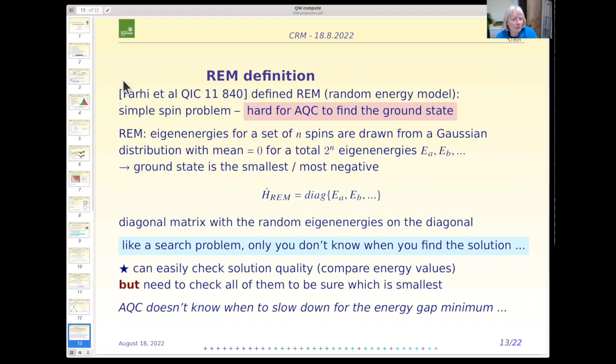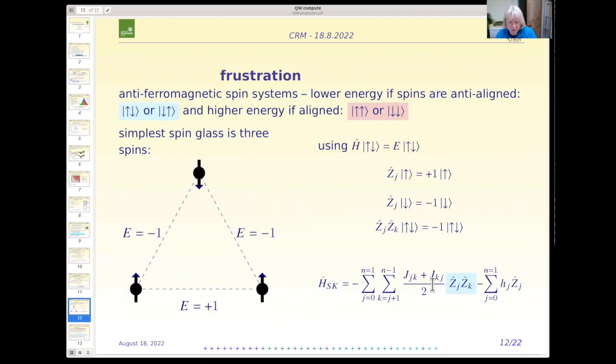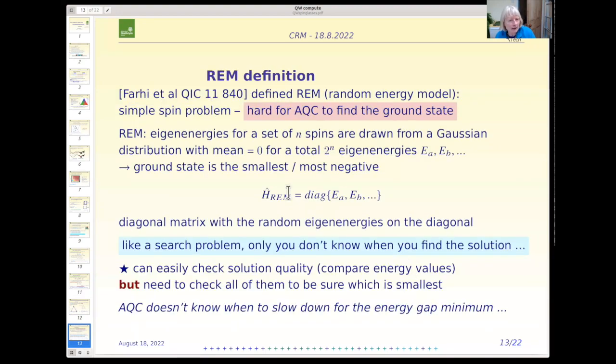It was defined by Eddie Fahy and collaborators in 2011. It's a random energy model. So it's, again, a simple spin problem. Instead of picking the coefficients here from a Gaussian distribution, now we just directly pick the eigenenergies.